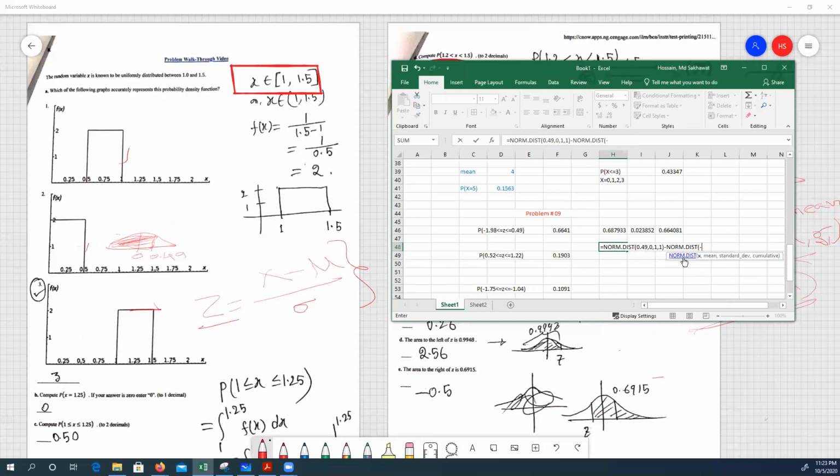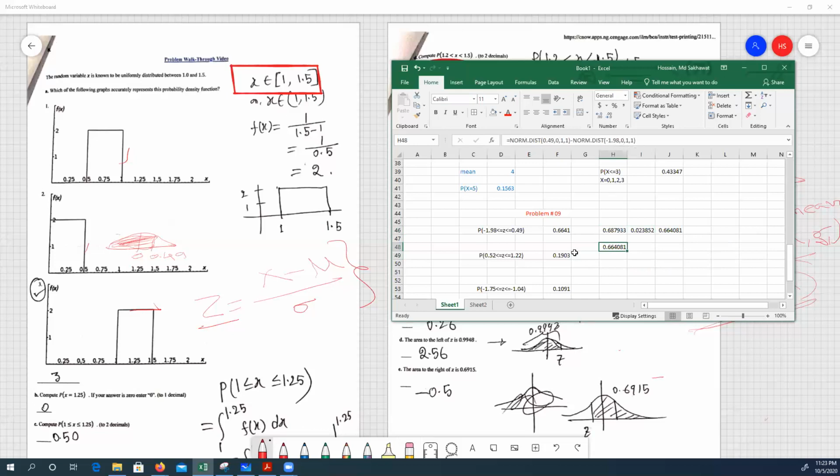The lowest number is 1.98, comma mean is 0, standard deviation is 1, comma cumulative, and end of this. So yeah, one way is you can calculate the probabilities separately for these two numbers, then take the difference, or you can directly take the difference of these two probabilities.